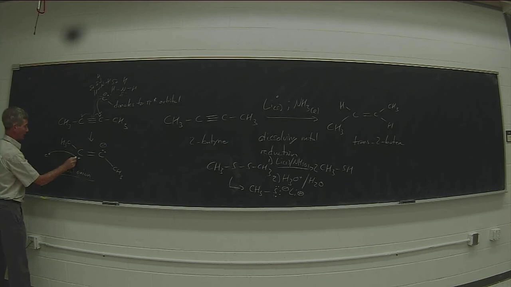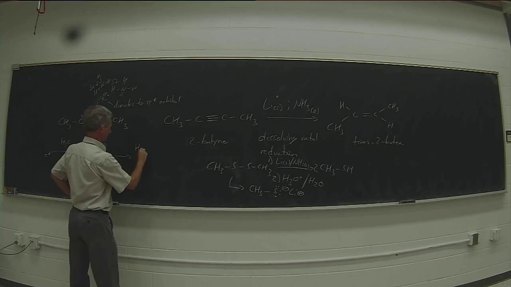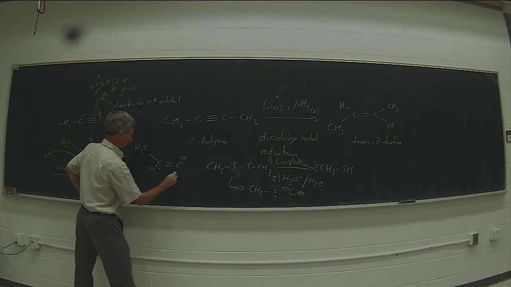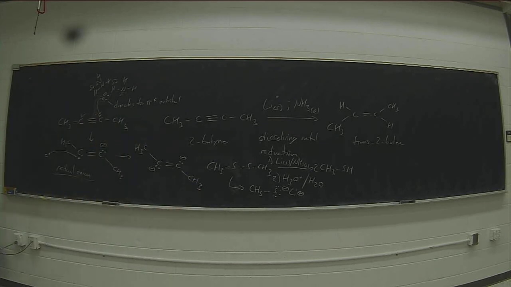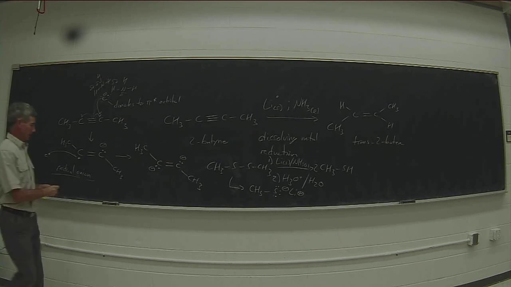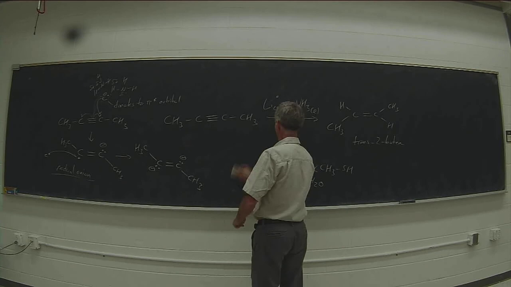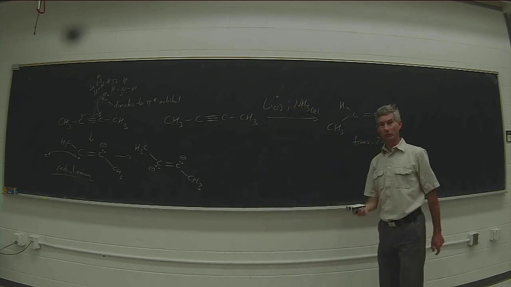It's easily going to pick up a second electron to form a dianion. So you've effectively just donated two electrons into the pi star orbital, thus completely breaking the pi bond, because now the bond order is reduced by one.